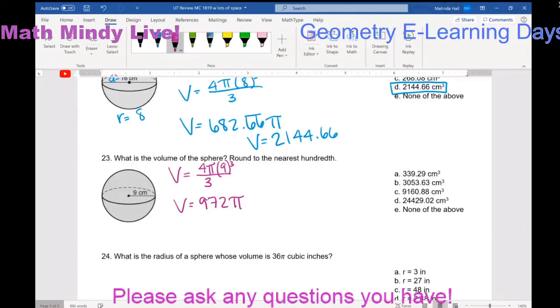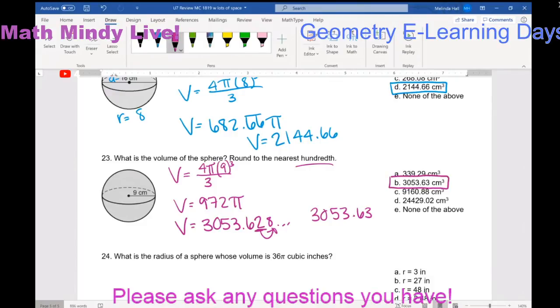But of course, we need to round to the nearest hundredth, so we multiply that number by pi to get 3053.628. Since we are looking for a hundredth, we look at the 2. 8 tells us to round up, so that would be 3053.63, which, as you can see, is answer B.